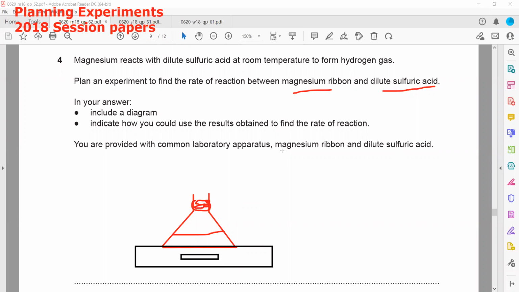This is one way. Or the second way, instead of measuring the mass, we can connect a gas syringe, place a bung and connect a gas syringe here to measure the gas given off.